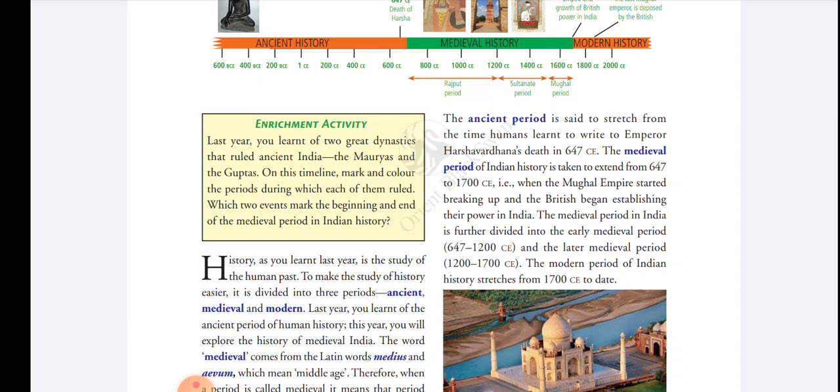Now the medieval period of Indian history is taken from 647 to 1700 CE, that is, from the death of Harshvardhan until the breaking of the Mughal Empire.